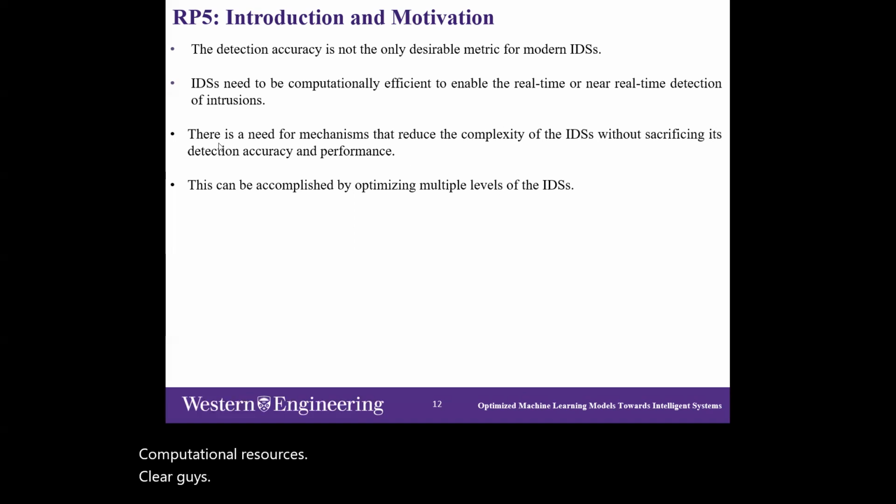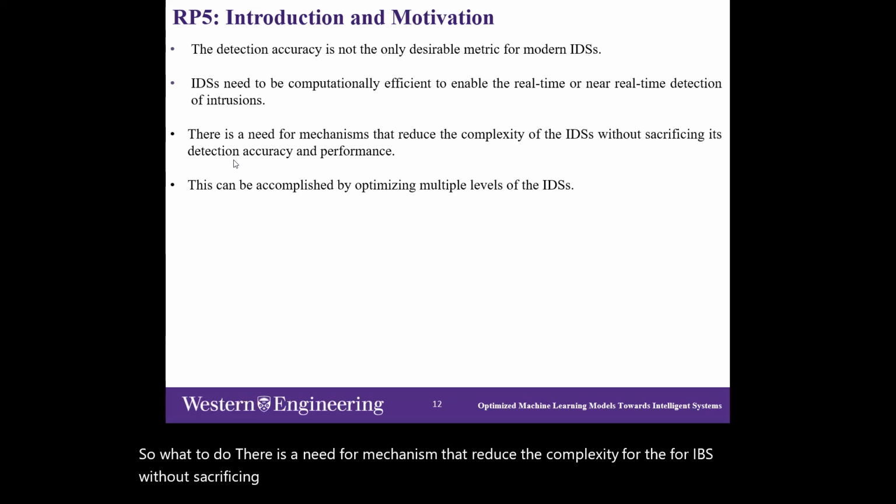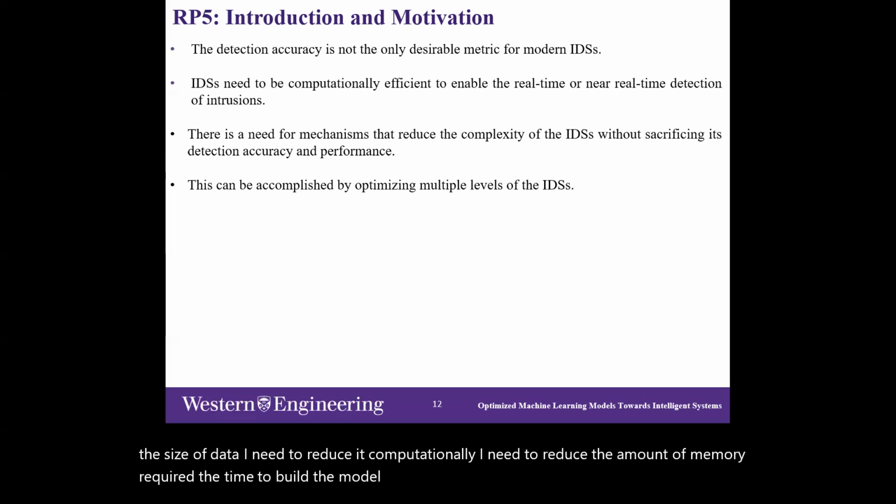So what to do? There is a need for a mechanism that reduces the complexity of IDS without sacrificing its detection accuracy and performance. At the same time, I need to reduce the size of data and reduce it computationally. I need to reduce the amount of memory required, the time to build the model, the execution time in total.